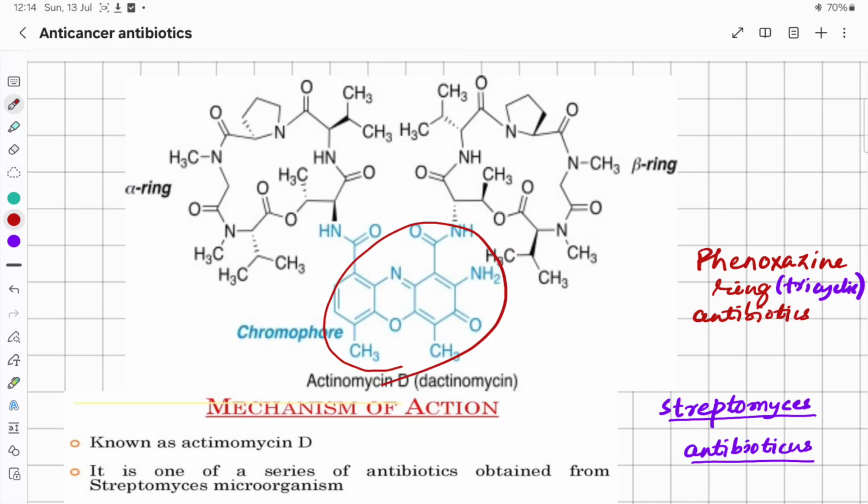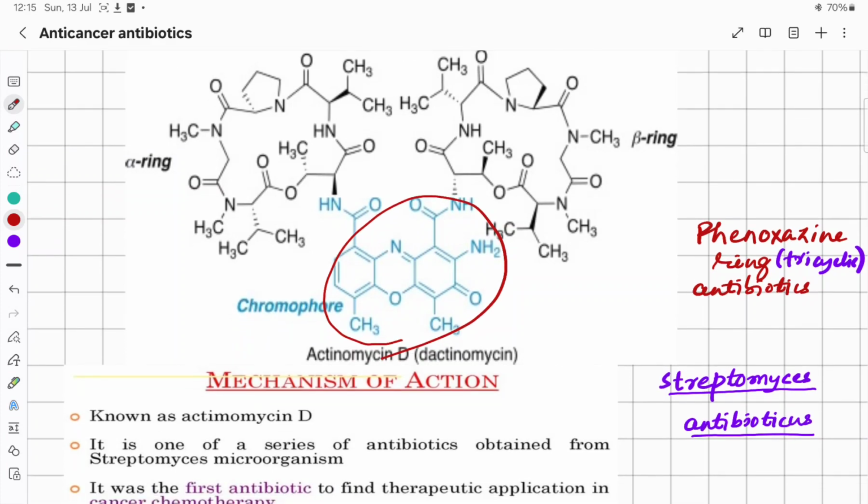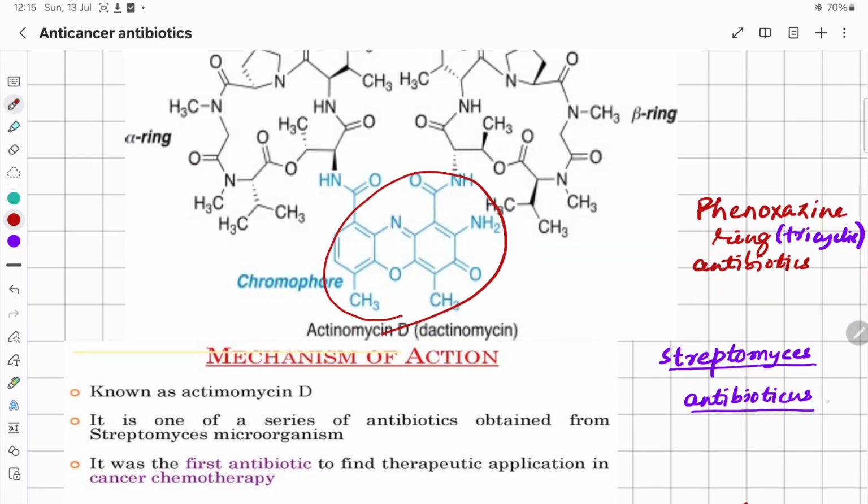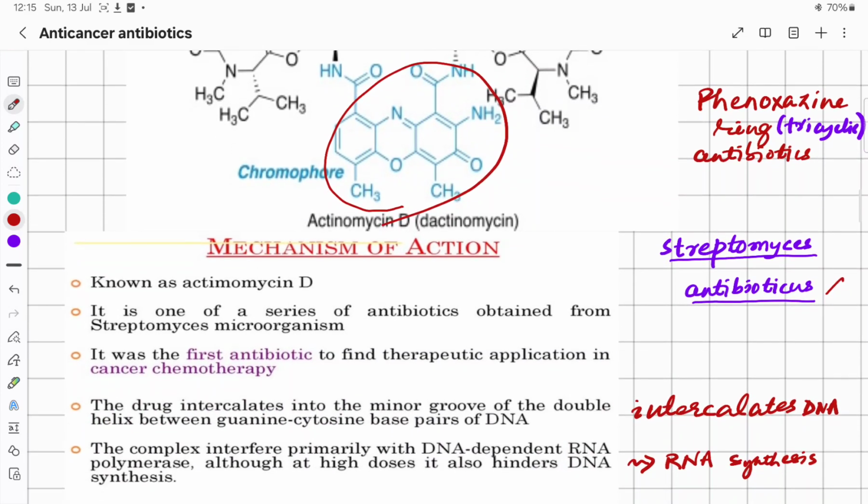So they can be called phenoxyazine antibiotics. The source is Streptomyces antibioticus. So it is an antibiotic because it is derived from the bacteria Streptomyces. You can say it is the first antibiotic to find therapeutic application in cancer chemotherapy, actinomycin D.